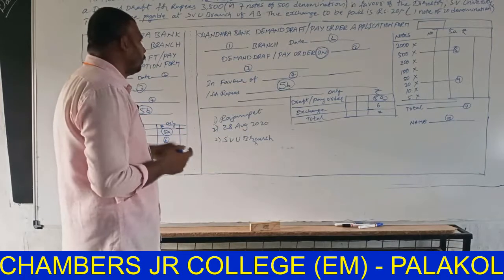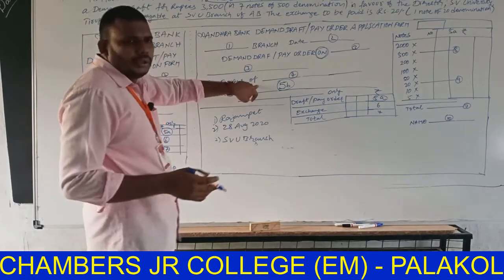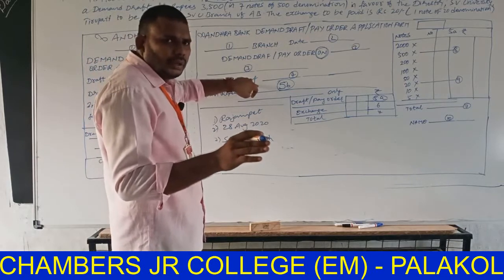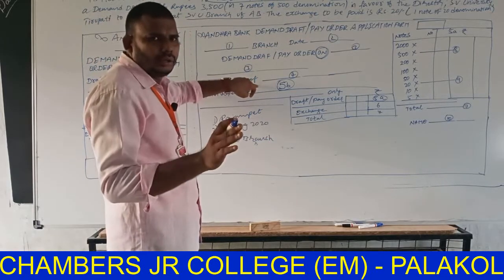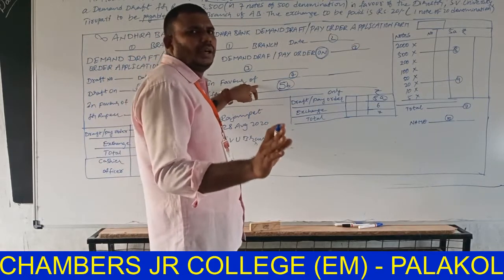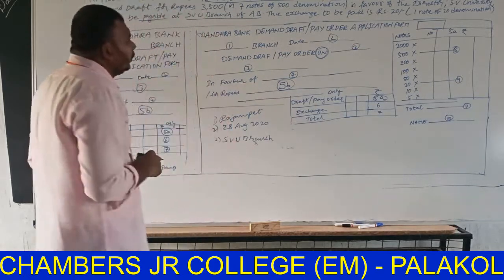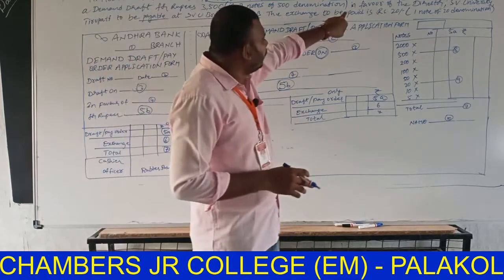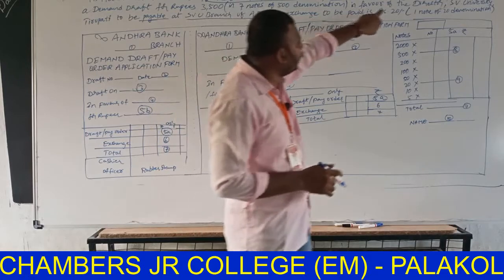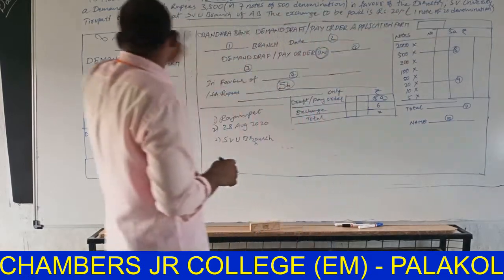So let's see the fourth one. In favor of. I told you that at the column of in favor we need to write the name and designation of a person, or name and address of a company. See here, Miss Meenakshi Akula has drawn the DD in favor of the director, SV University, Tirupati.